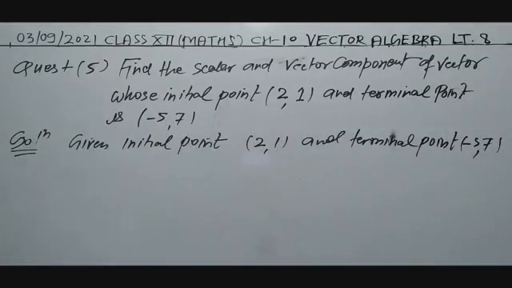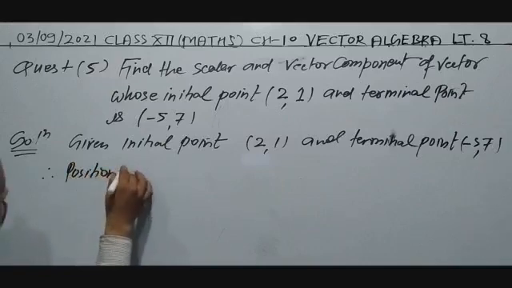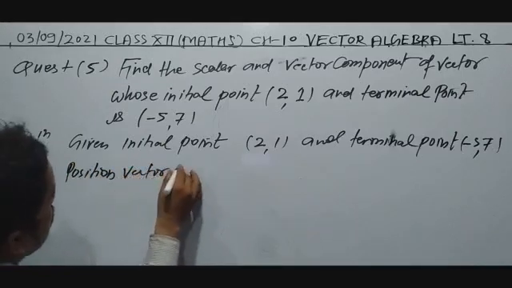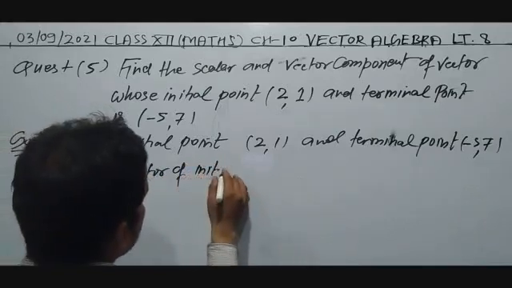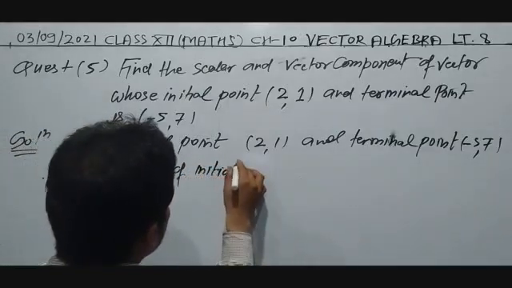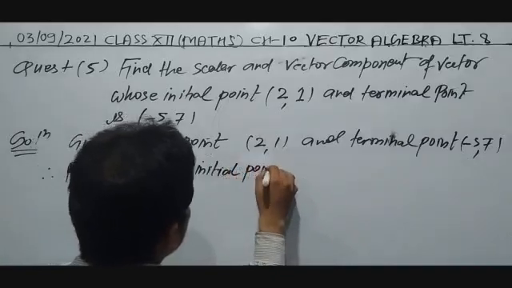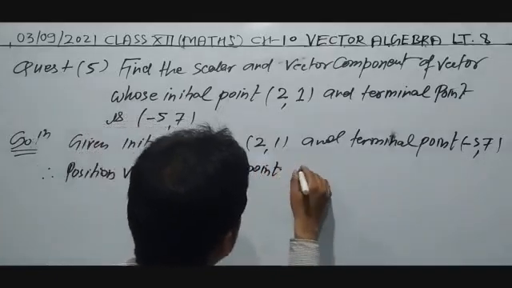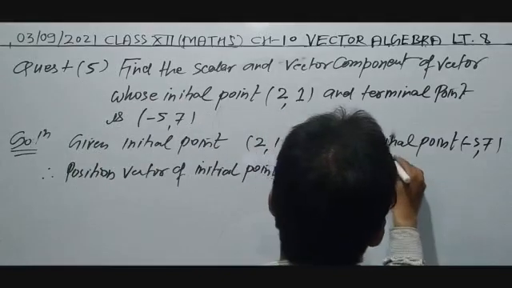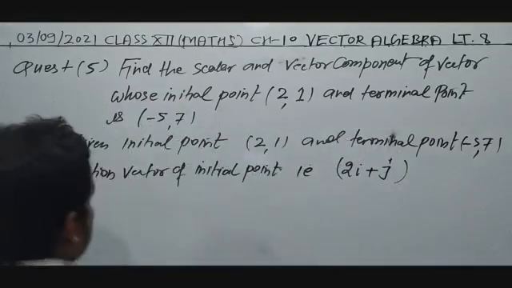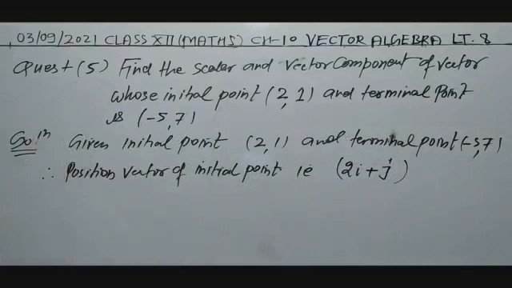Therefore the position vector of the initial point is 2i plus j.